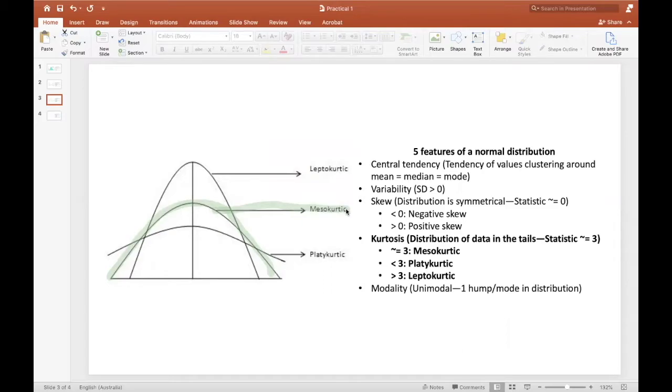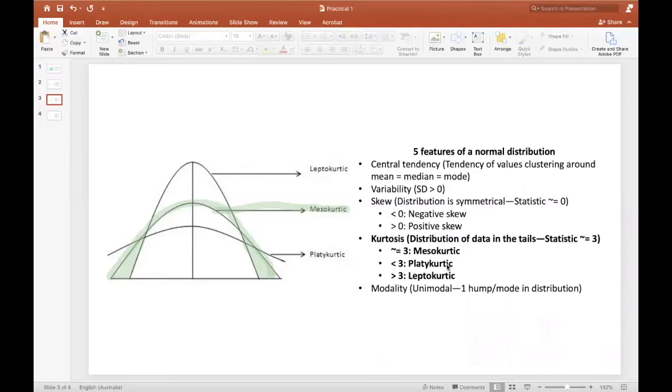Okay, and that means you have some variability and you have variability in the tails. This can be a little bit more difficult to visualize than a frequency distribution, so your test statistic is going to be really important. And in Stata, the kurtosis test statistic of 3 is considered mesokurtic.